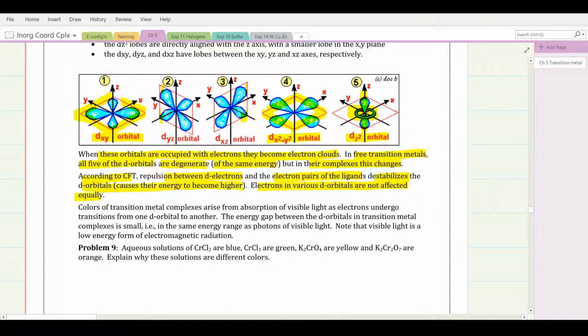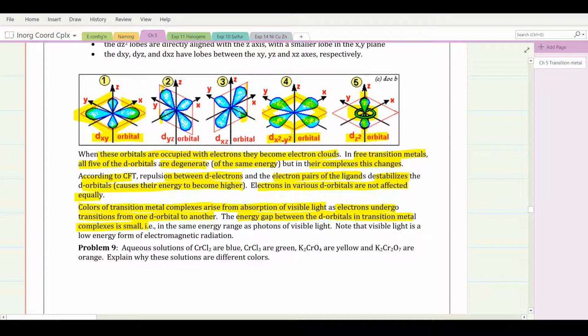And the color, this is the key, the color of transition metal complexes arises from the absorption of visible light as electrons undergo transitions from one d orbital to another. Now the energy gap between d orbitals in transition metal complexes is very small.